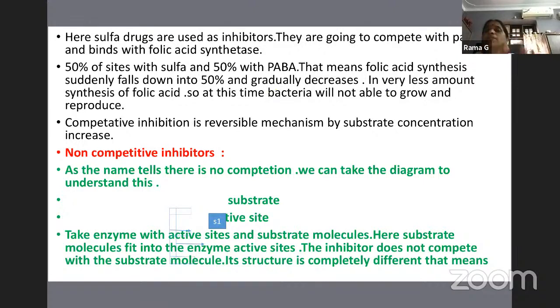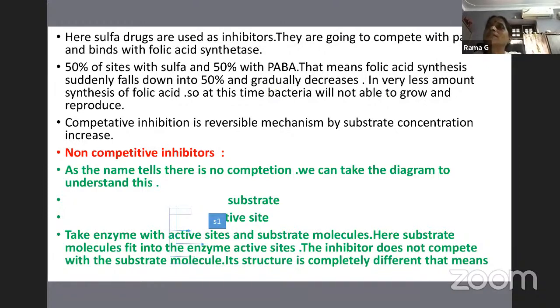How does it happen? The enzyme is there with active sites, and substrate molecules are there with their own shapes, and inhibitors are also there with their own shapes. But the inhibitors cannot take the place of the active sites of the enzyme because of their irregular shape. So they occupy a place on the enzyme other than the active sites. The binding of inhibitors with the enzyme results in a conformational change of the enzyme along with the active sites.